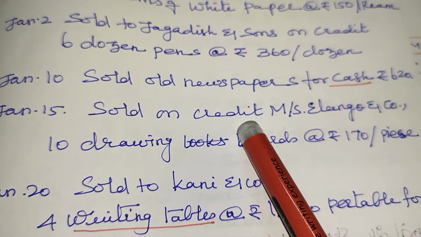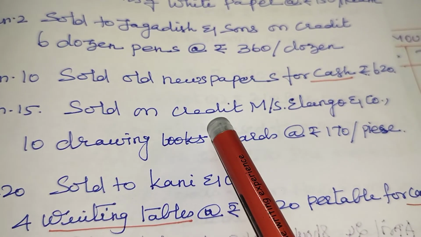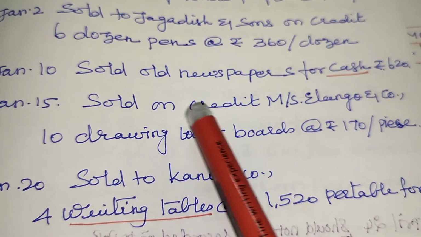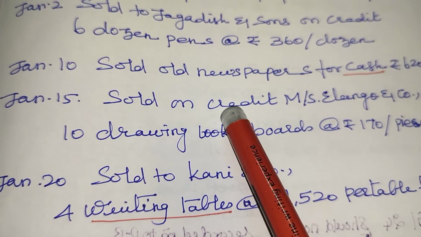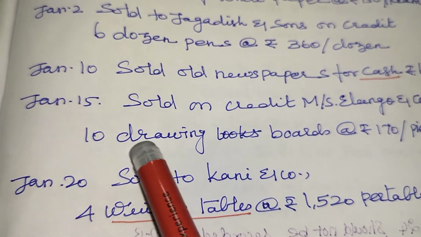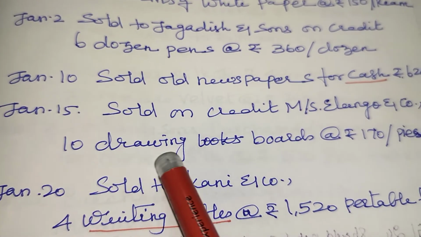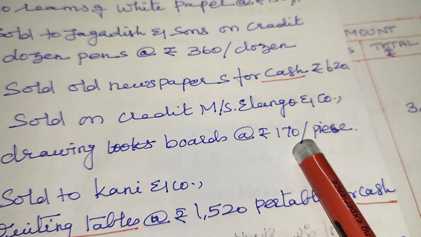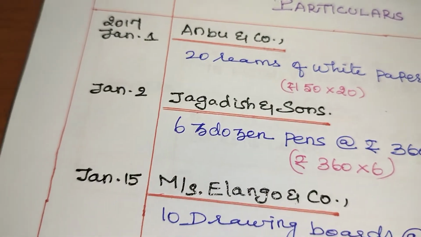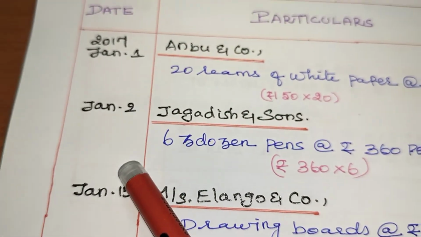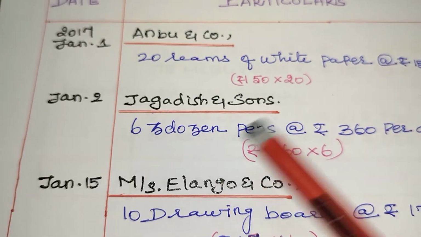Then we come to the next transaction, that is January 15, sold on credit to Miss Ilango and Co. What does this transaction tell us? This transaction clearly mentions this is a credit sales transaction, so you should enter this transaction into the sales book. What is the detail given here? 10 drawing boards at rupees 170 per piece. So January 15 is entered into the date column. Who is the customer?